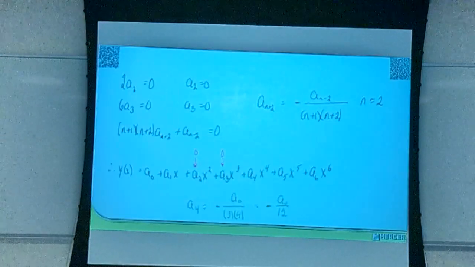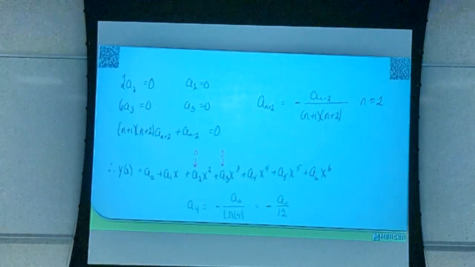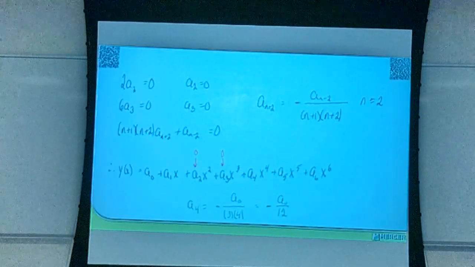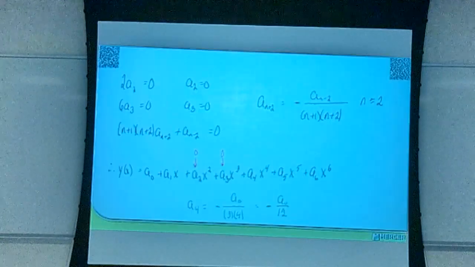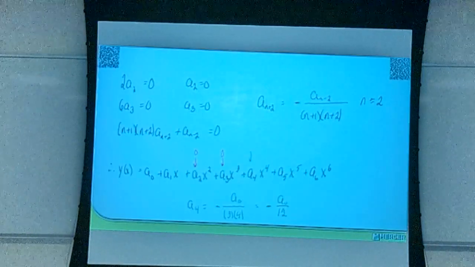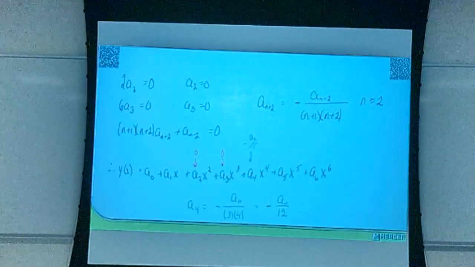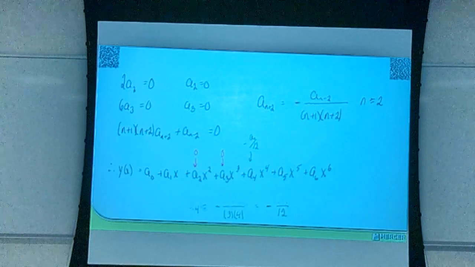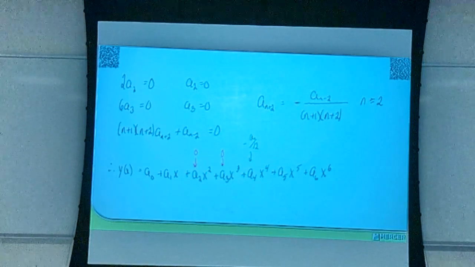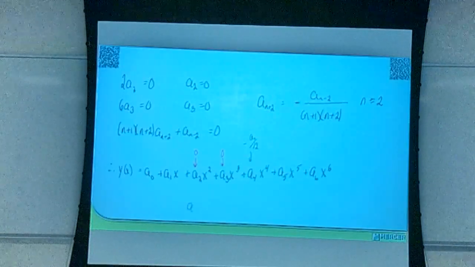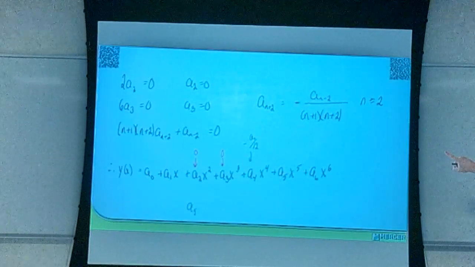There's A4. Just delete that and say we did an array. A5. Well, that would be when n is 3, right?